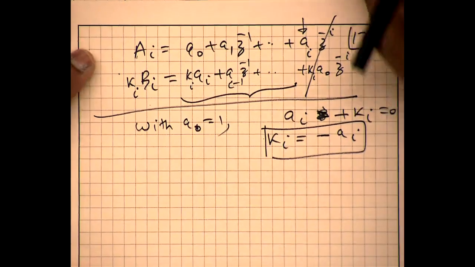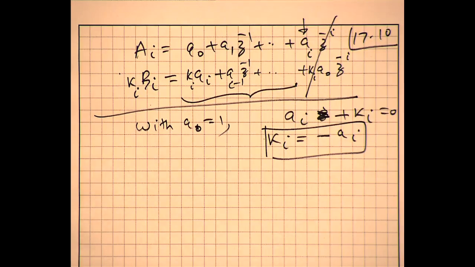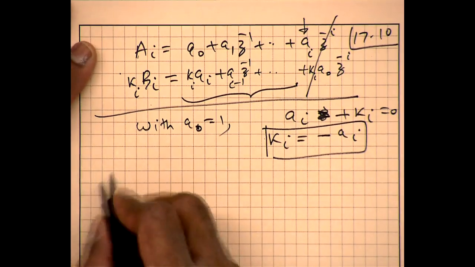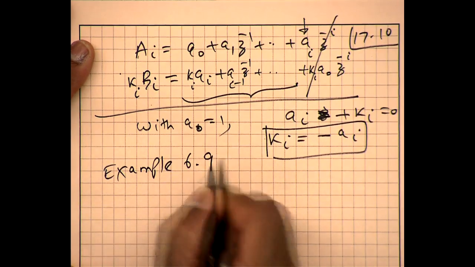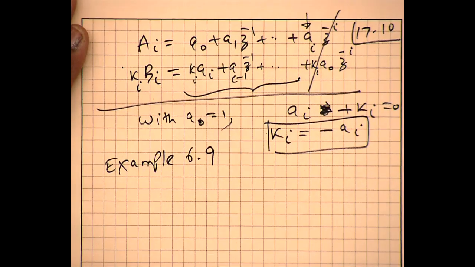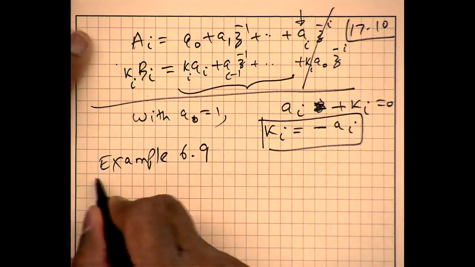So let me go through one example from the book, 6.9. I am following a slightly different notation, but if you want to use the book notation, that is fine.